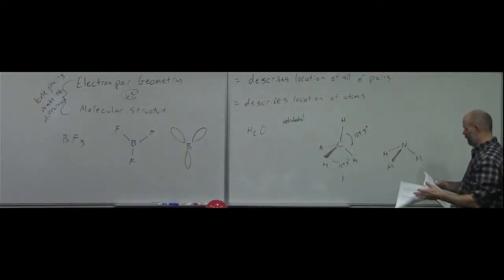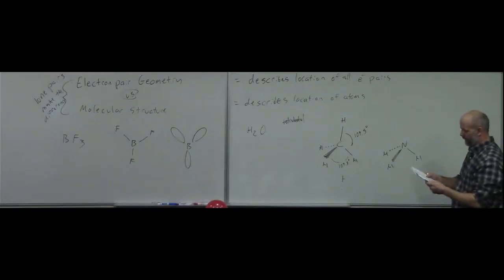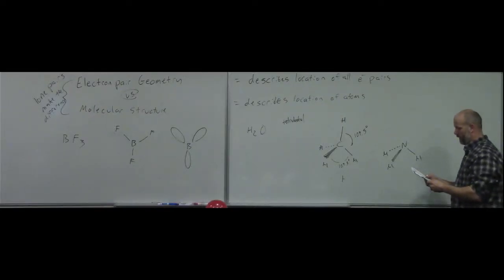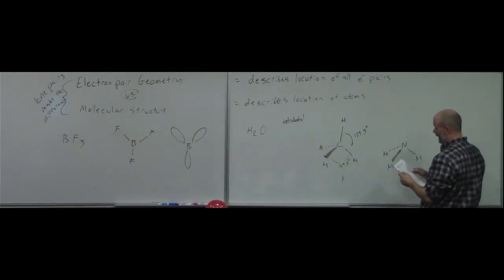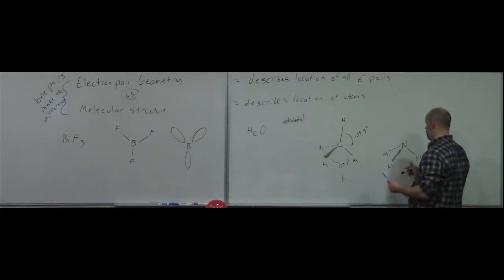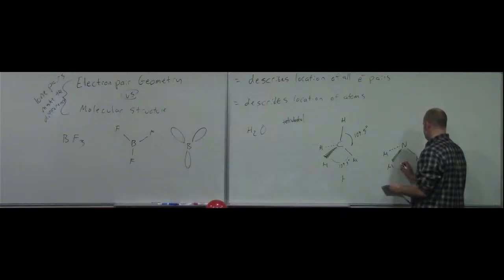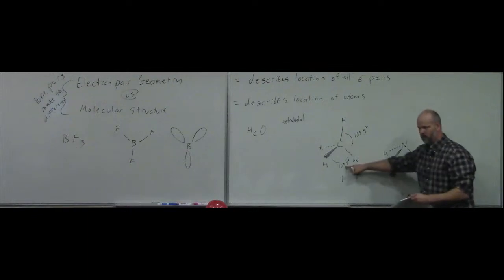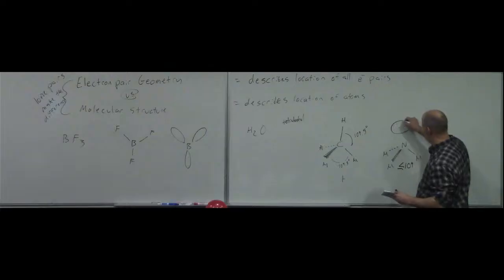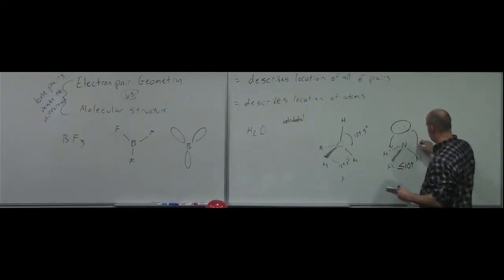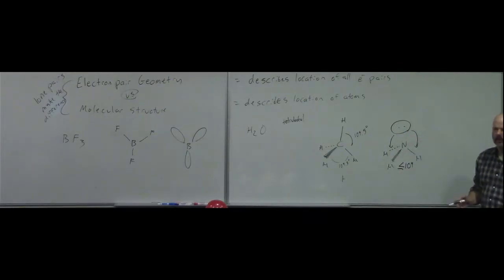So in something like this, you're probably going to get something like 109 or even less. So less than or equal to 109, whereas this was 109.5, it's going to get shrunk because this unbonded pair has a greater repulsive effect on everything else.